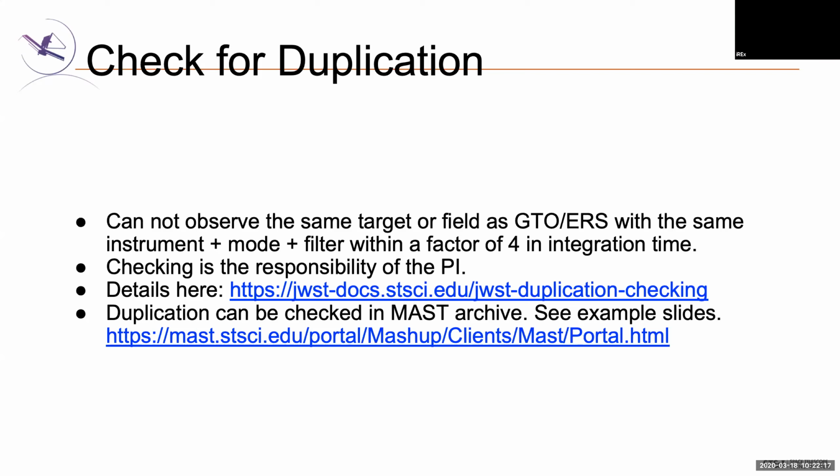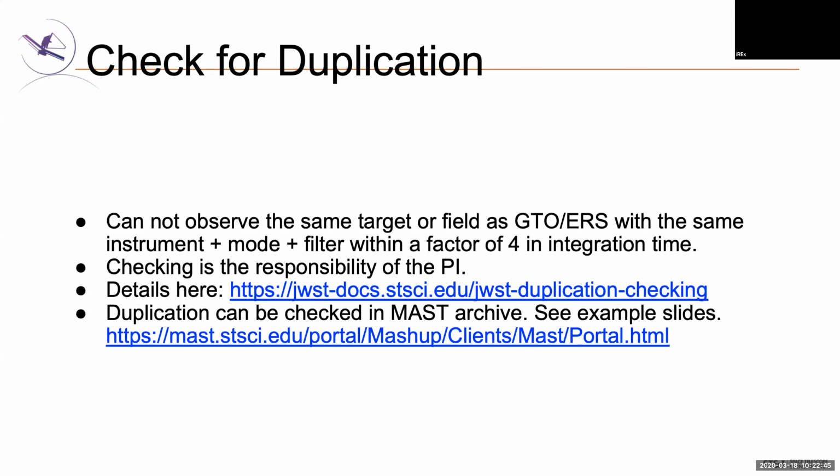How you define a duplication is basically target-based or field-based, but also observing mode and instrument-based. If you have the same exact target, the same mode, but say 4 times the integration time, then that can start to be considered not a duplication, okay? But if you're close in integration time, that's a duplication.